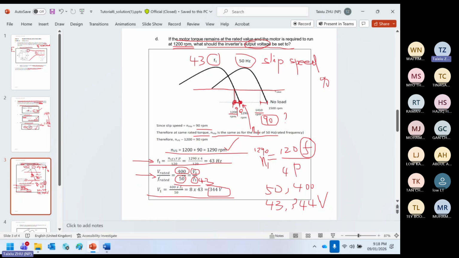Once you know this slip speed is 90, plus the motor speed, you get the synchronous speed at the new frequency.